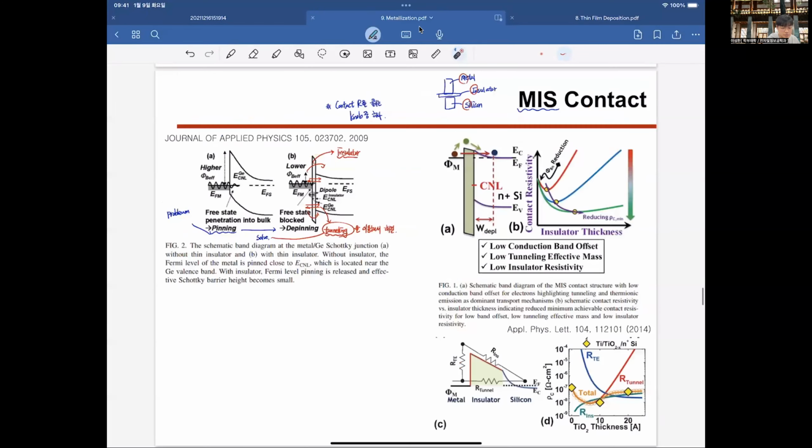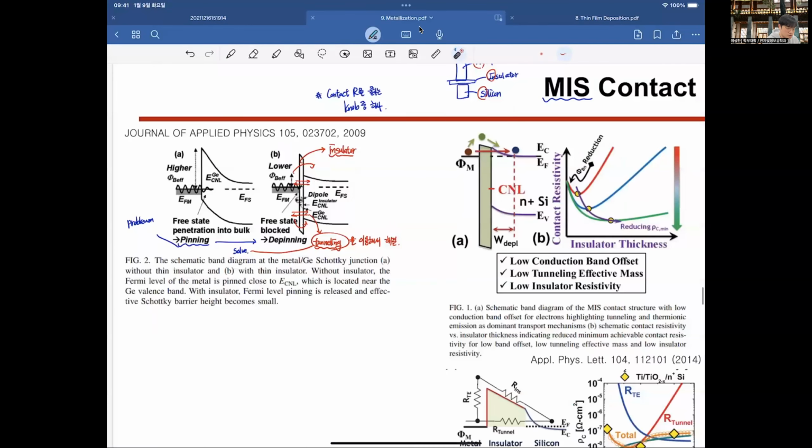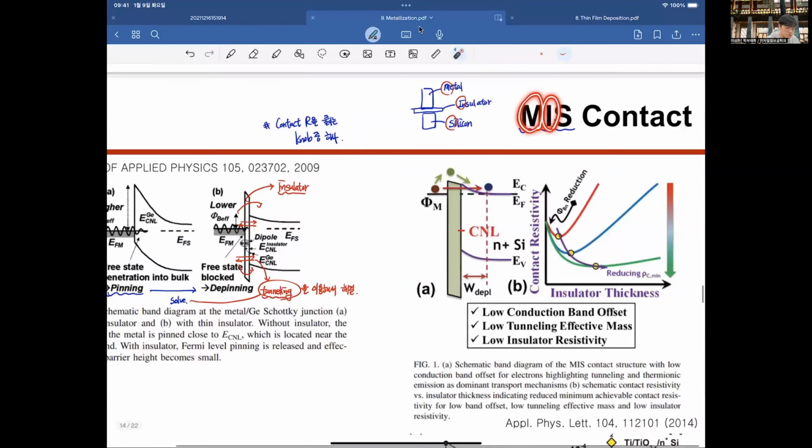And I can show you several contact ways. First is the MIS contact. MIS contact also reduces the contact resistance. There is the metal, insulator, and silicon.